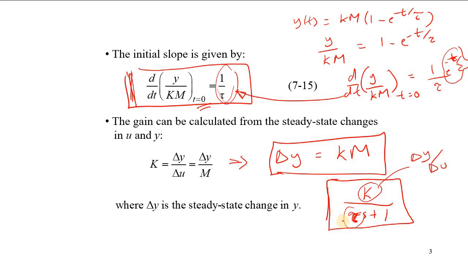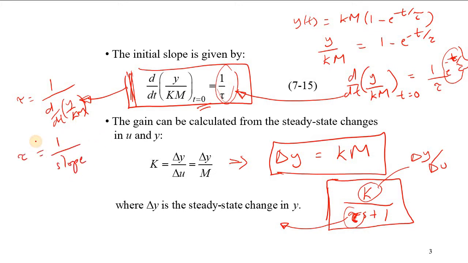How to find tau? We need to find the initial slope. If we find the initial slope, tau is equal to 1 over d over dt of y over km, which is taking 1 over the slope.